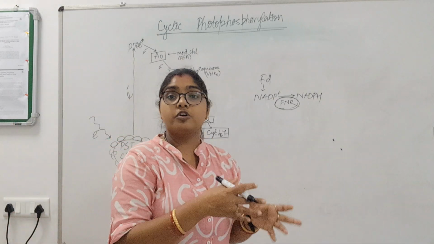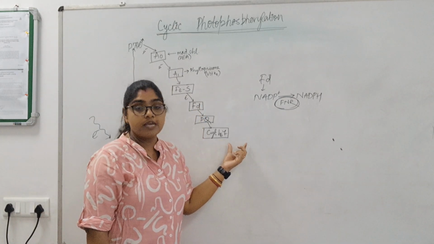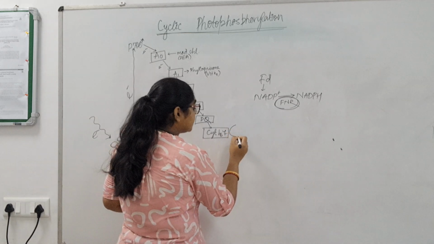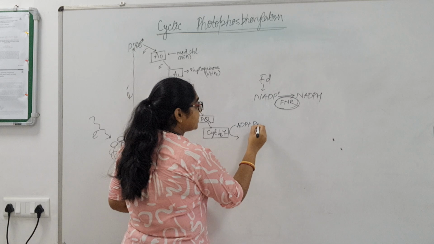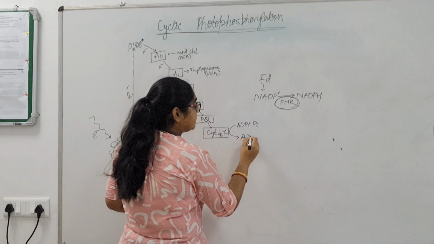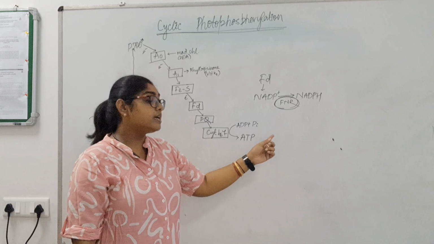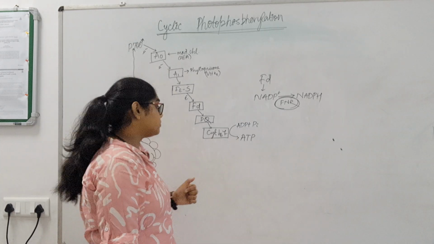As we know, the cytochrome b6f complex means cytochrome b protein and cytochrome c protein. In this complex, ADP reacts with inorganic phosphate and produces ATP. Adenosine diphosphate reacts with one inorganic phosphate and produces adenosine triphosphate. ATP is getting produced.